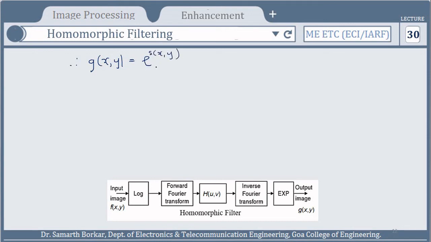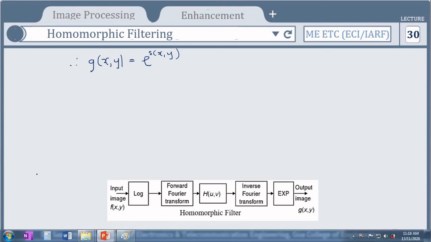why is the exponential function appearing here? Recollect, right in the beginning we said we cannot apply the Fourier transform directly to the multiplicative component, so for that reason we separated them out using the logarithmic function. Now we need to apply the inverse of it, and the inverse of the logarithmic function is the exponential function. So this is how it can be written.